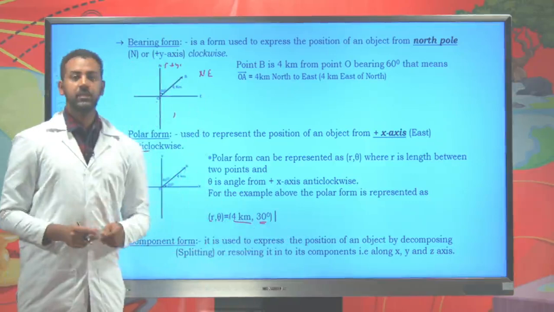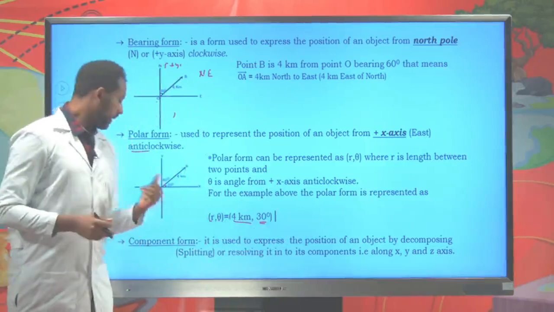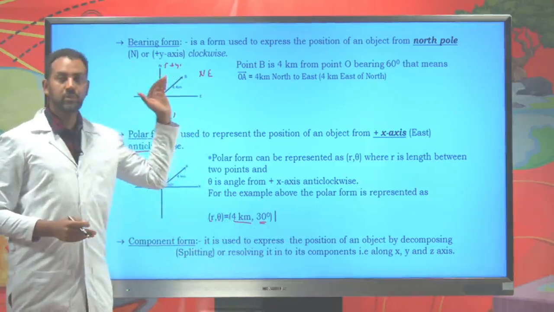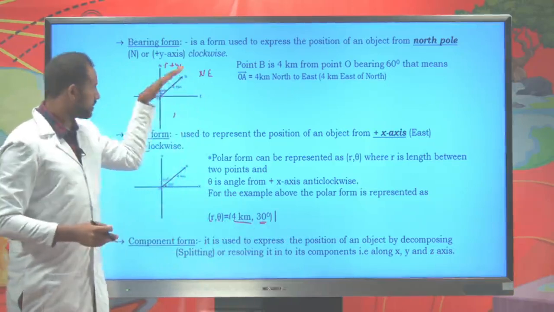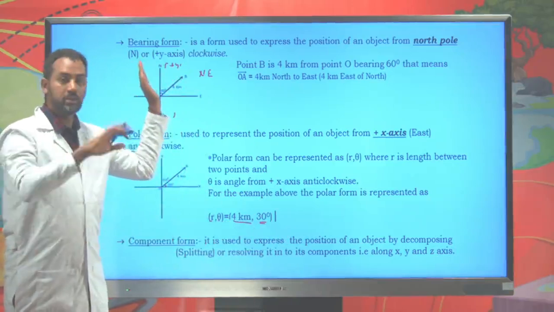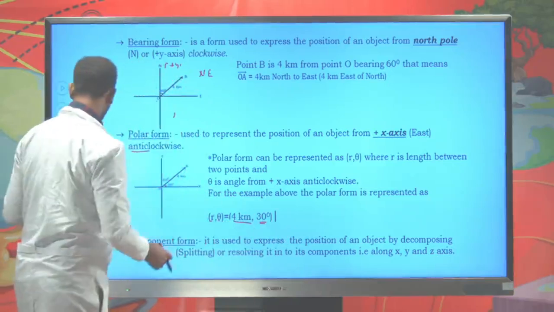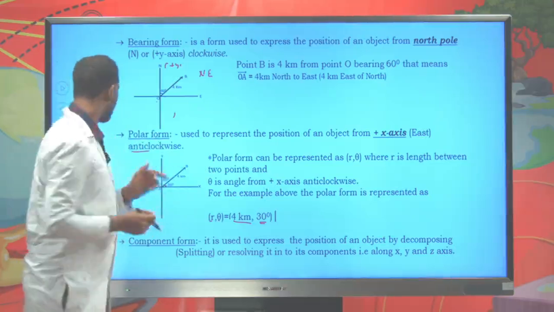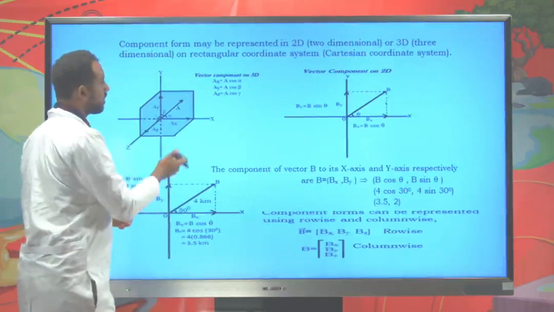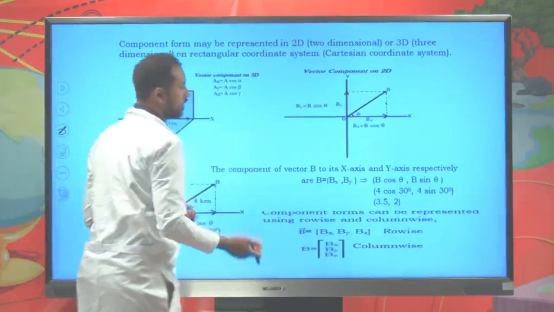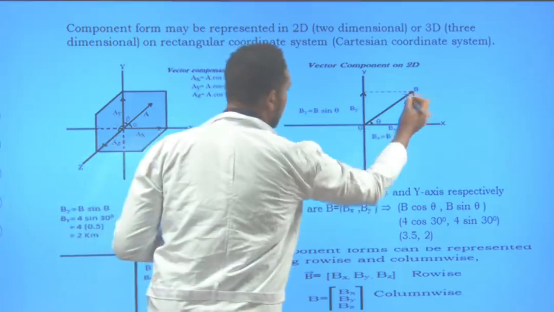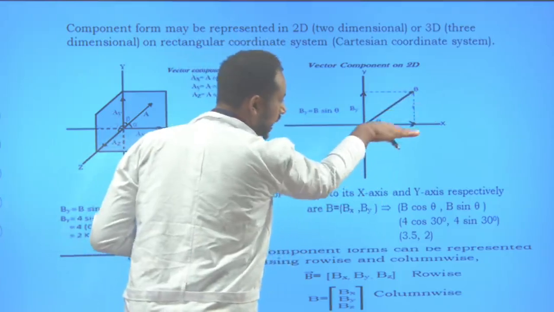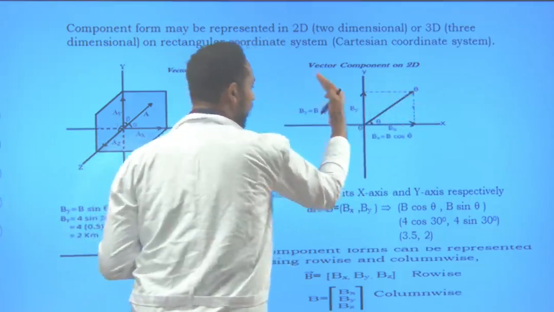And the third method is the most common method, and it is known as component form. A given vector can be decomposed into its coordinates, along the x-axis, y-axis, or z-axis. Therefore, the component method is splitting a given vector into its components. Suppose here you have the previous vector, from O to B. It's possible to decompose this vector into the x-axis and the y-axis.